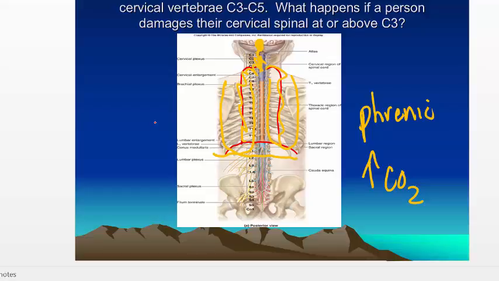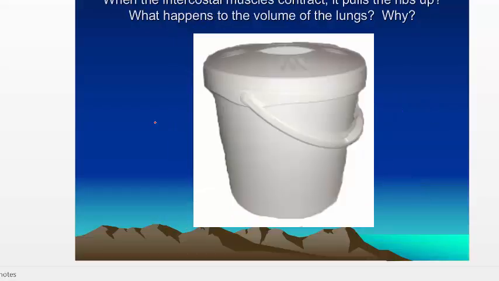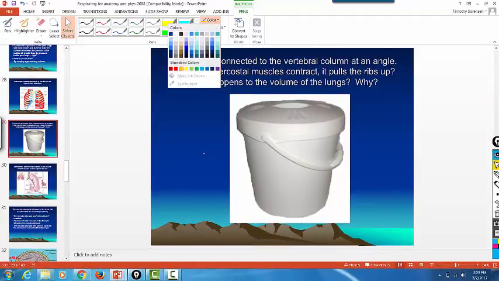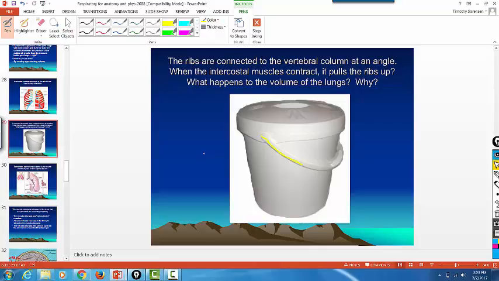Now, some of this you remember from anatomy. Look, I've got a little bucket here. If you look at the way the ribs are arranged, the ribs are not coming straight across. They're kind of displaced downward.